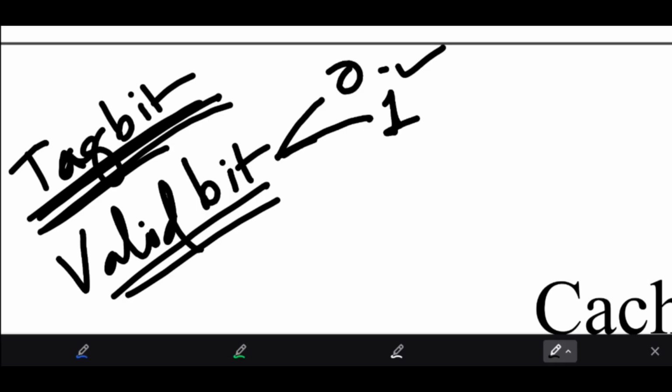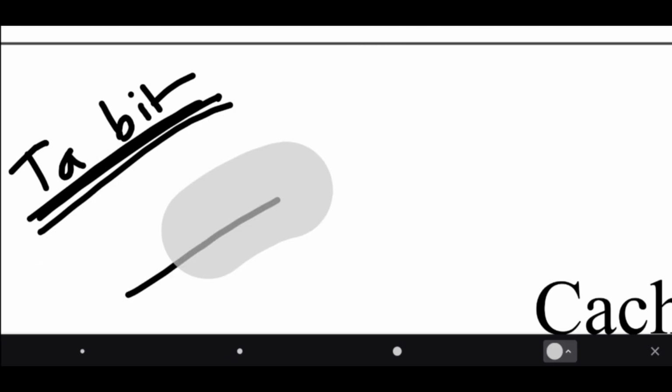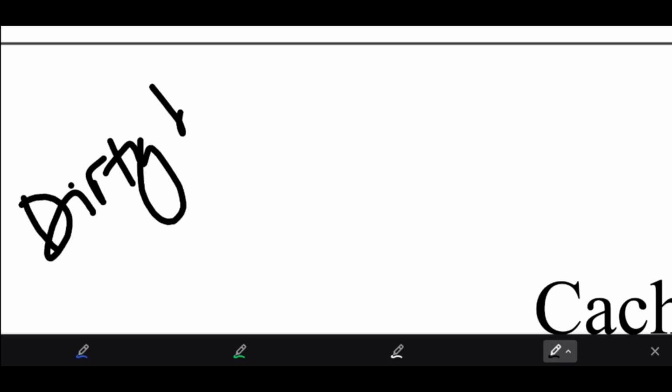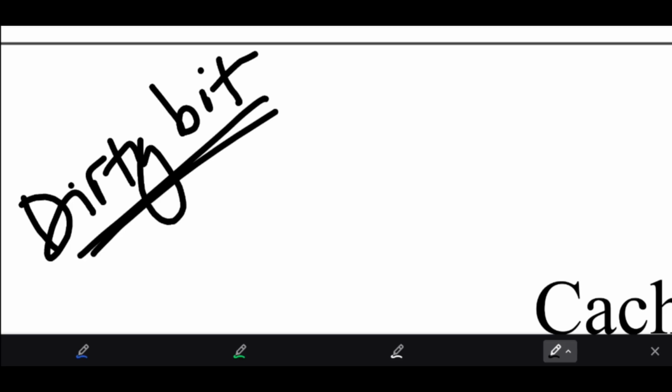You also have to know, or you will sometimes hear, about the data bit. What is the data bit? The data bit simply tells whether the data inside the cache block is modified or not.